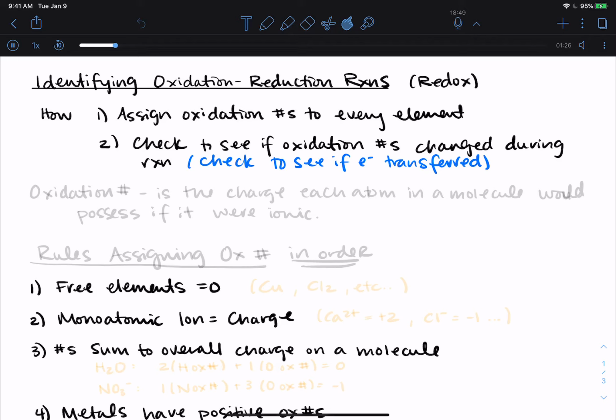So the oxidation number, I'll give you a definition here. Oxidation number is the charge each atom in a molecule would possess if it were ionic.